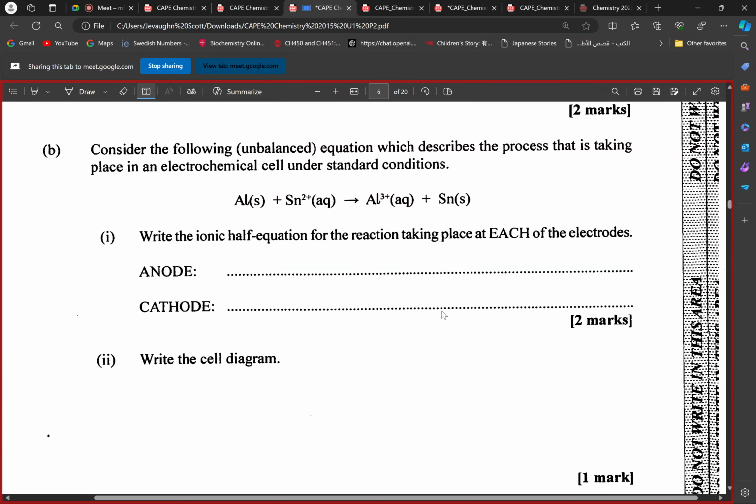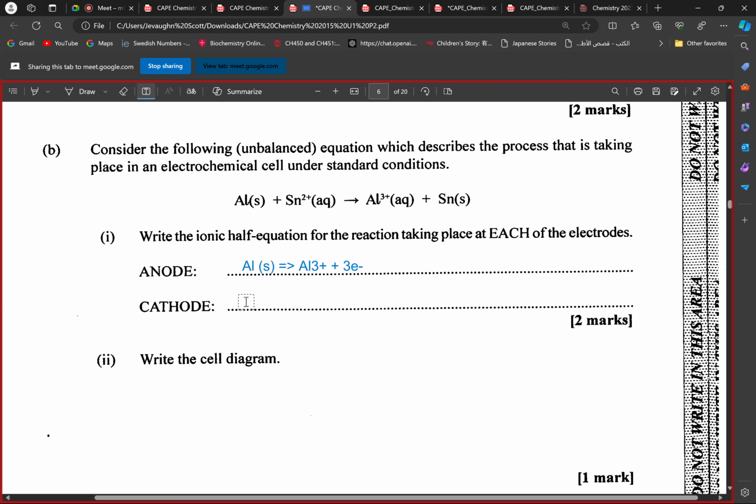The aluminium solid, reversible arrows, gives Al3+ aqueous plus 3 electrons.